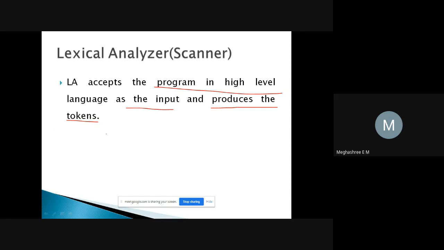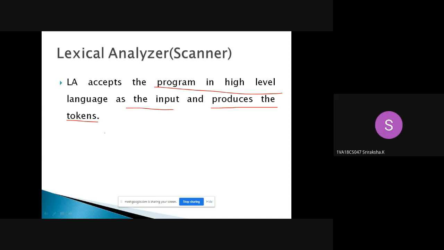Okay, so now what is a token? Anyone? I said it takes the high level language and it produces tokens, right? You have studied tokens, characters, and all in C language. So what are these tokens? Anyone?